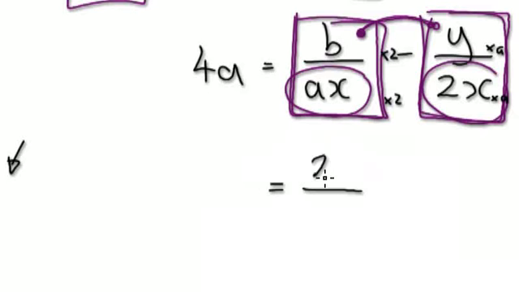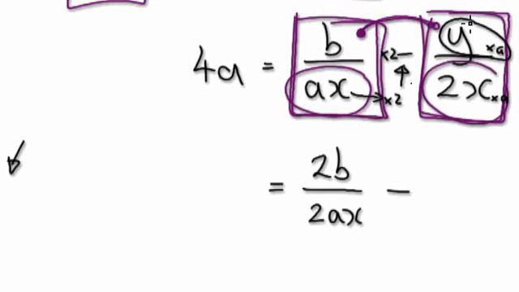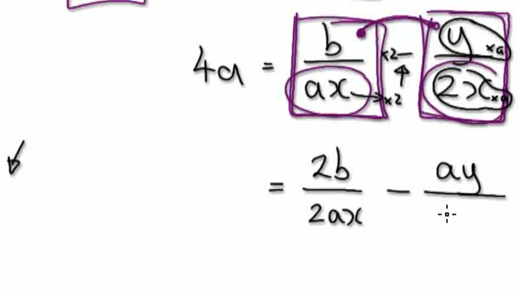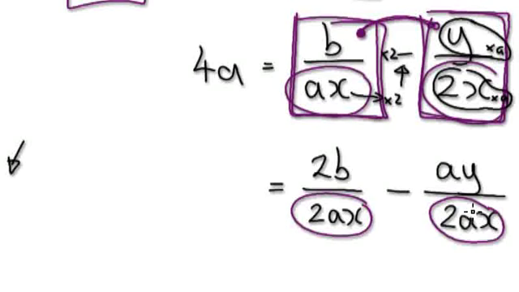B times 2 will be 2b. Ax times 2 will be 2ax. On this, remember we've got a takeaway here. Now y times a will be ay, and 2x times a would be 2ax. Now can you see the two denominators are the same?